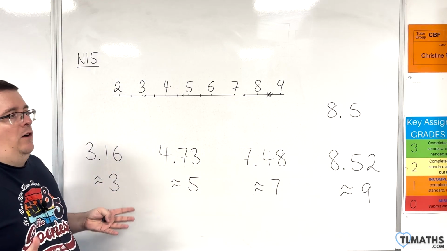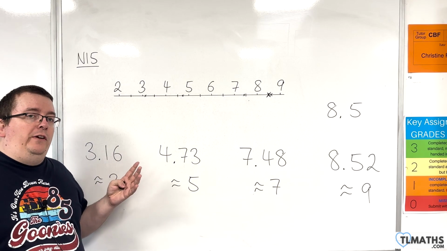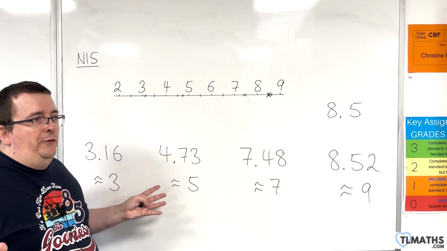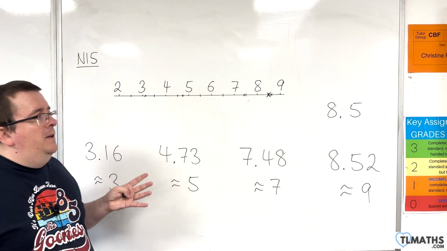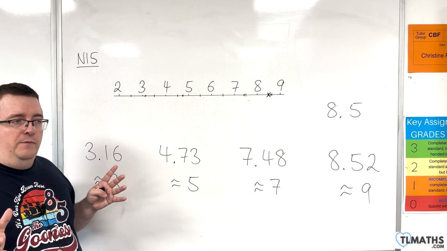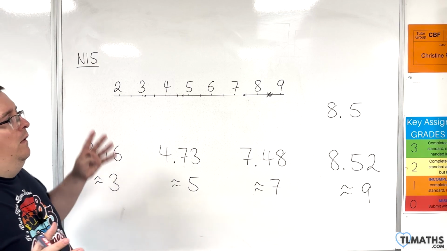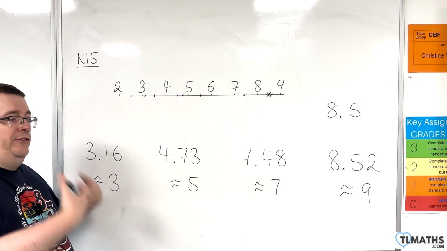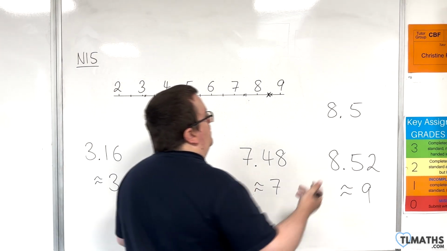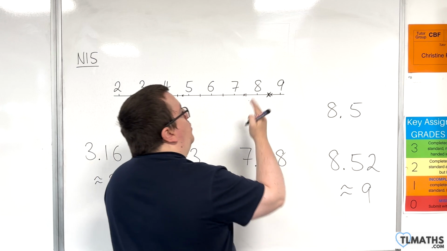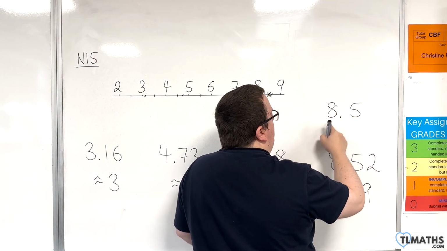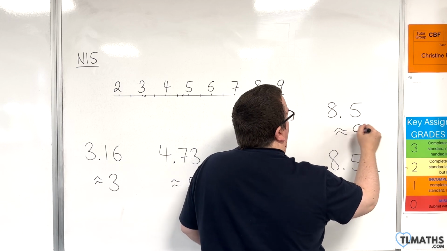So which one should we say it is closest to? Now, you might say, well, we should say that it's not closer to either of them. We should just put, well, 8.5 to the nearest whole number is 8.5. But that isn't the way that we traditionally do it. So essentially, a decision is made and we go, well, if we are at the 8.5 figure, then we round it up. Okay, so if it's actually bang on in the middle, we round this up to 9.